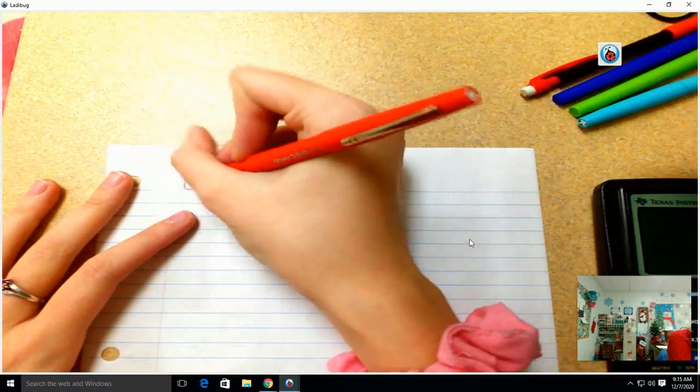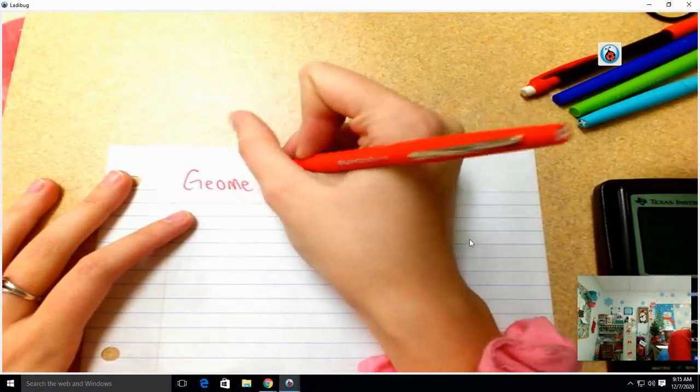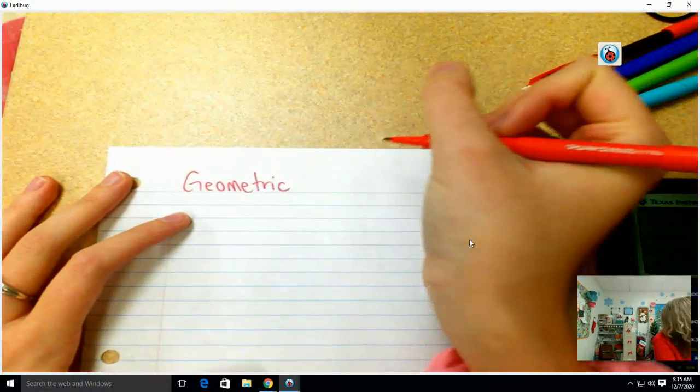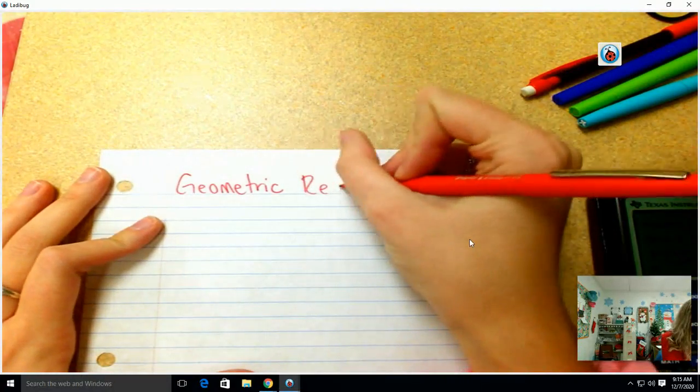So there's that one. And then moving on to our last two, we're going to be writing recursive equations like we did with arithmetic. So we're going to have geometric and recursive.